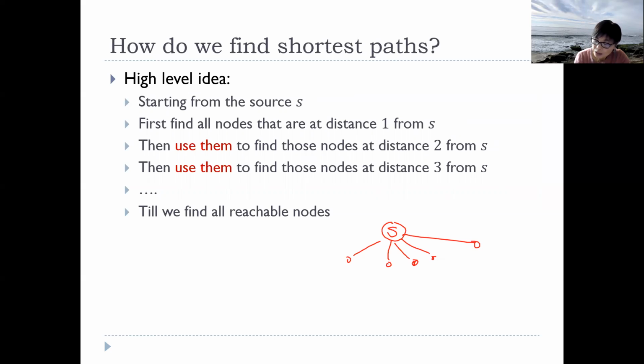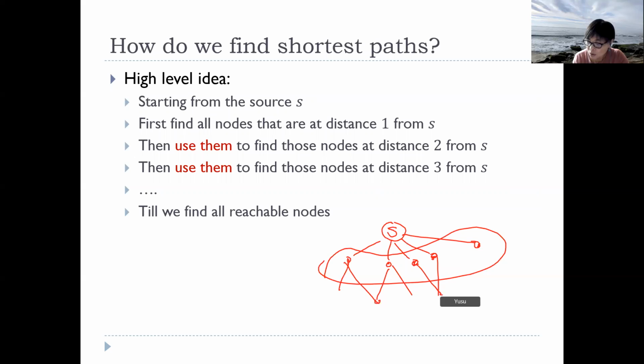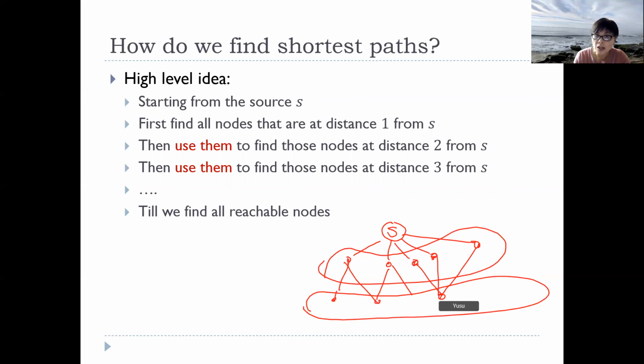Then using these distance 1 nodes, I'm going to explore and find all the nodes that are distance 2 away from the source, and so on. Then I use all these nodes that are distance 2 away from the source to help us find all the nodes that are distance 3 away from the source, and so on.